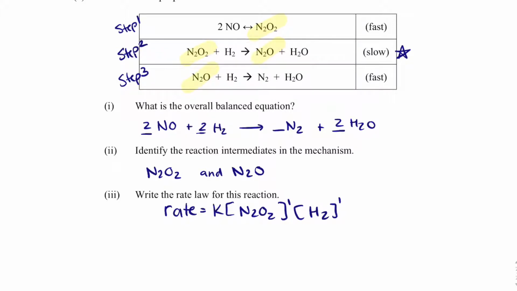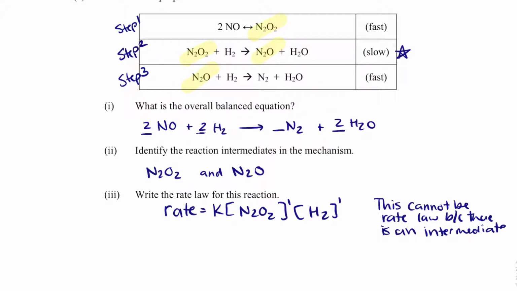And you might say that we're done. However, this cannot be the rate law because there is an intermediate.